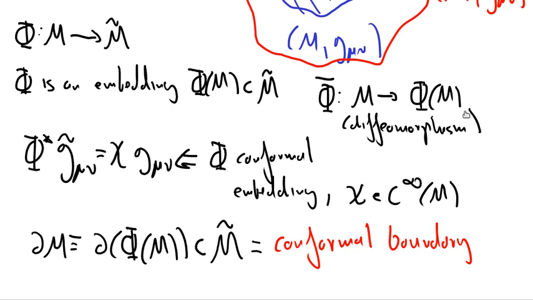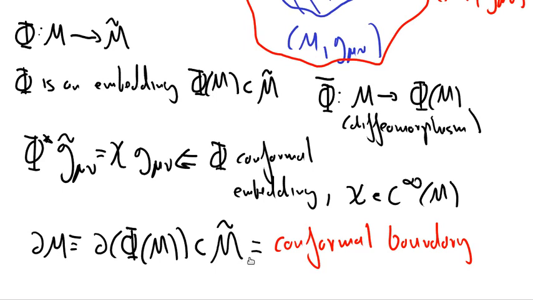Okay, but we must bear in mind when we look at this definition that it depends on the conformal embedding we are using, phi, and of course also depends on the bigger manifold itself, M tilde.